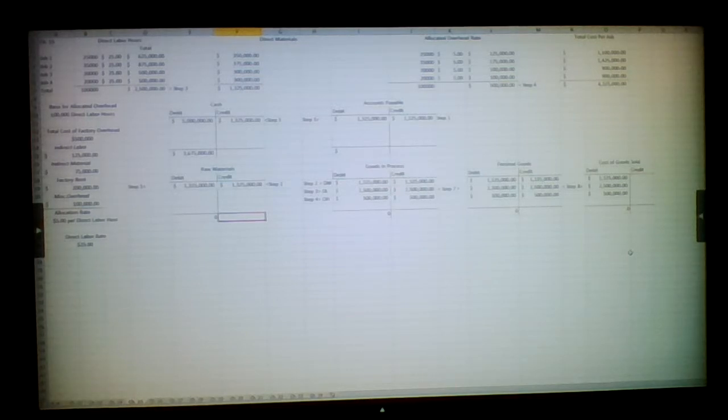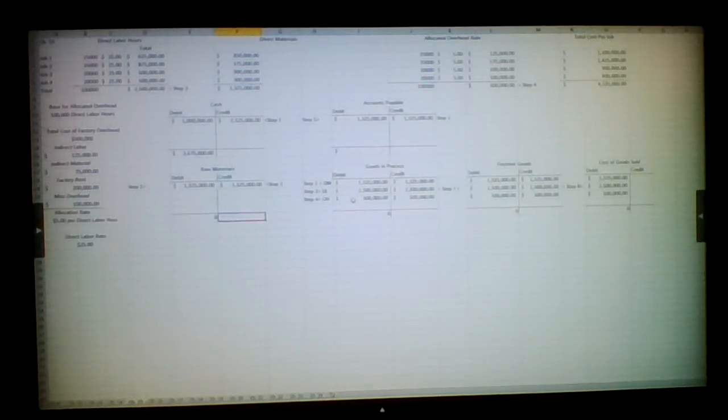Now what I've done is I'm saying that each one of these jobs is being completed simultaneously, for simplicity's sake, so that I can show you that we have direct labor here of 2.5 million, direct material here of 1,325,000, and overhead of 500,000.